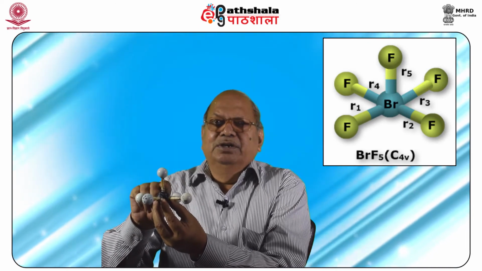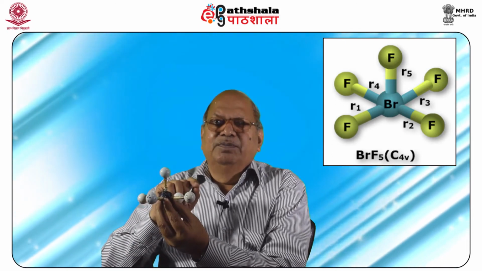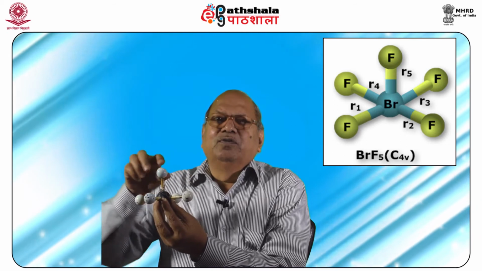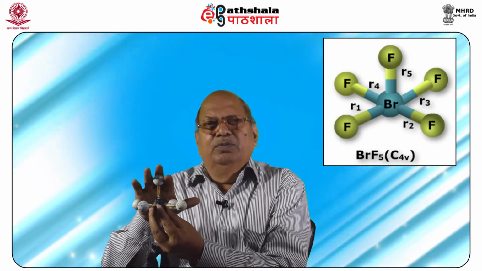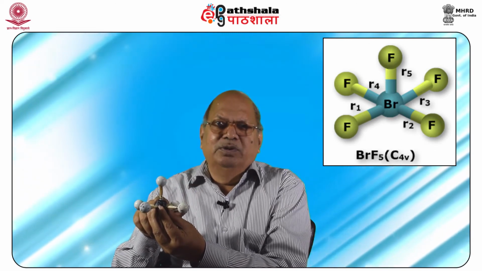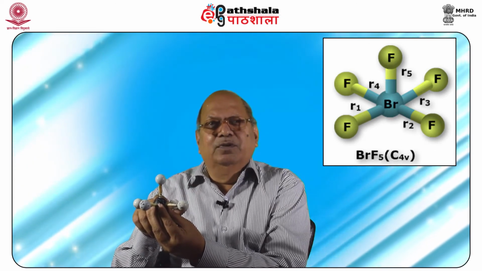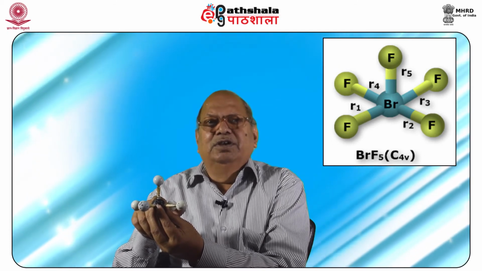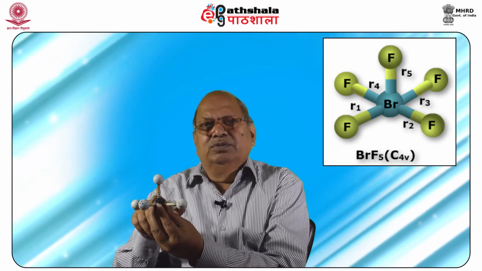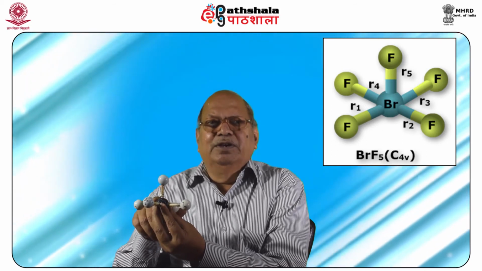I will take these 5 bond vectors as the basis and try to find the reducible representation. Again, this molecule belongs to the C4v point group, that is, it has a C4 axis and 4 sigma v, and I will see the effect of all these symmetry operations on the BrF5 molecule.